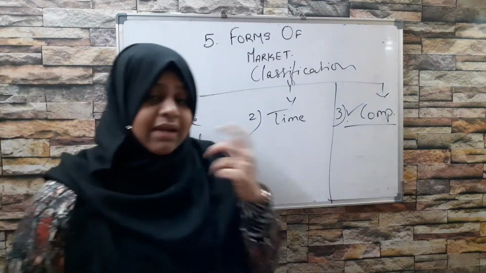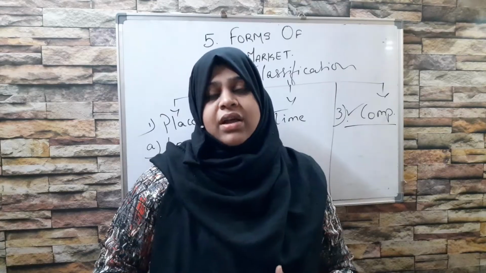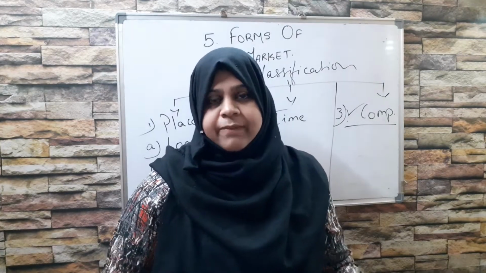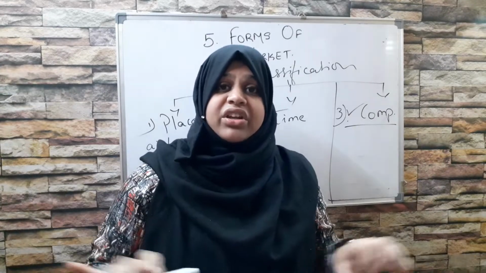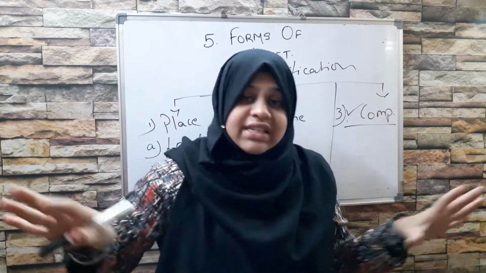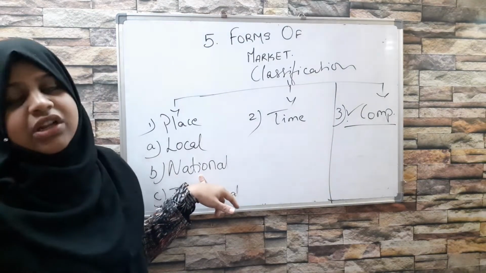But sometimes it so happens that those local products become so famous, so popular, and they are supplied to the other regions, to the other states as well. So that becomes a national market.